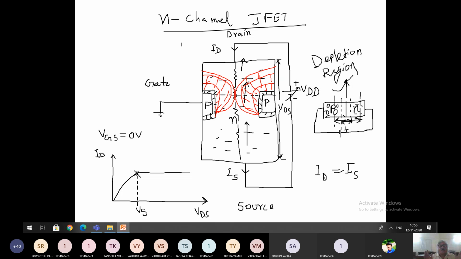So the depletion region will increase and almost touch. So there is a very narrow gap between the depletion regions, and from here these electrons will pass and the current will become constant. You will get this type of curve at VGS equal to 0. At VGS equal to 0, right?